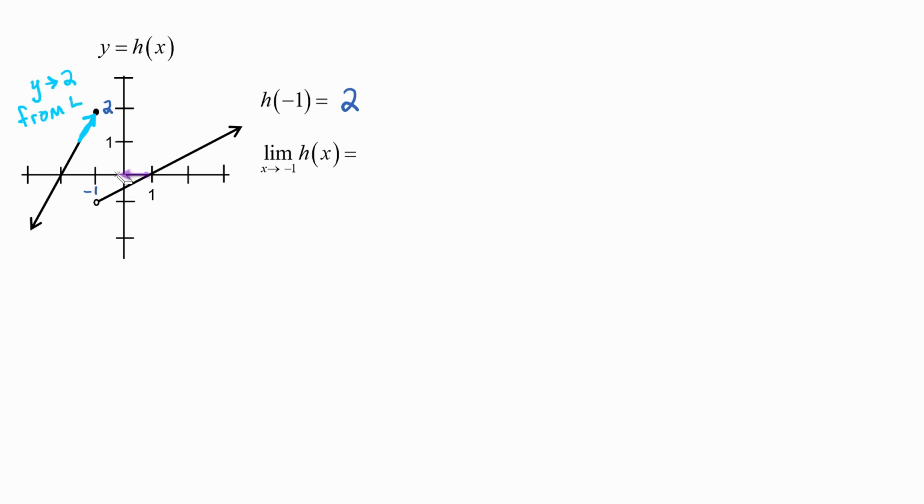Whereas when x is approaching -1 from the right, we would be coming along this part of the function. So y is approaching -1 as x approaches -1 from the right.